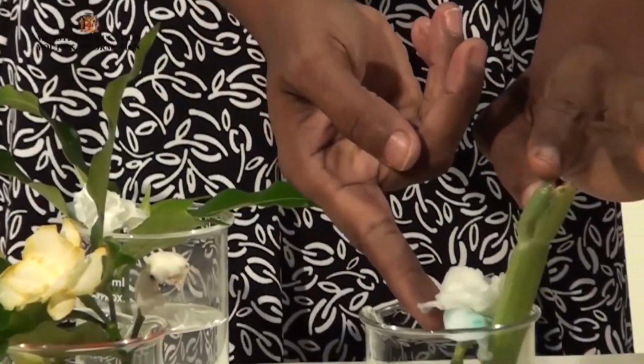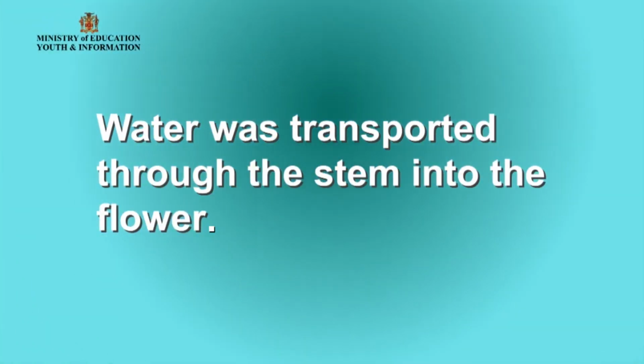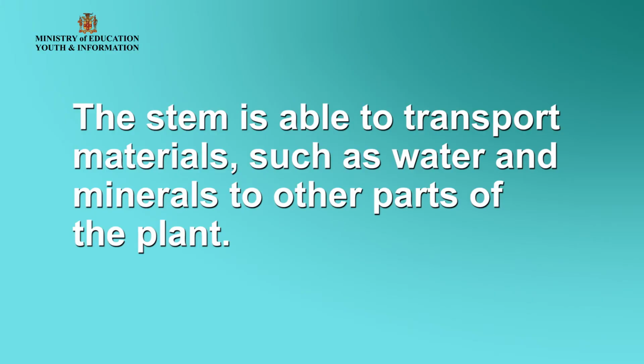Yes, so we see it in this example as well. Water was transported from the stem all the way to the flower. So what does that tell us about the function of the stem? This shows that the stem not only holds the plant in place and attaches the leaves to it, but the stem is also able to transport materials such as water and minerals to the rest of the plant.